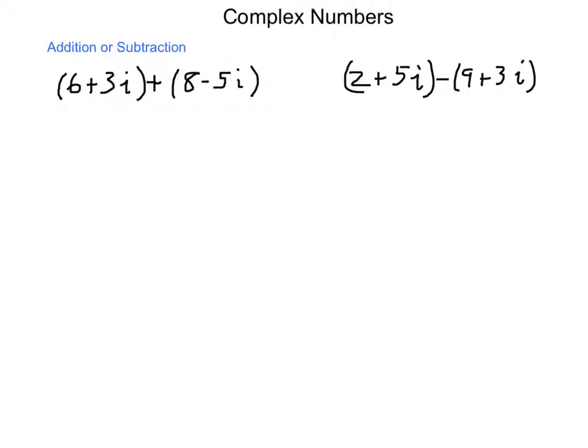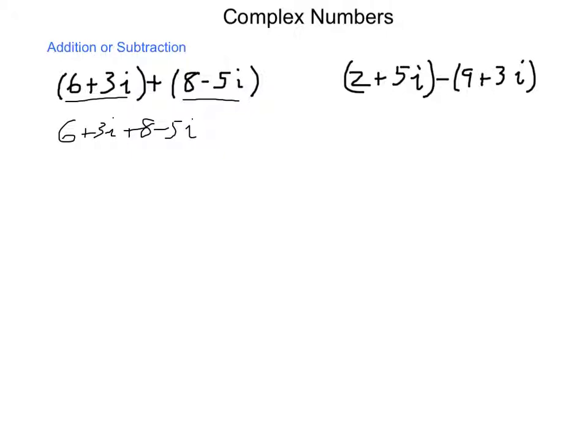First mathematical operations we would have are addition and subtraction. With addition or subtraction, it is a matter of distributive property and combining like terms. So here I have the complex number 6 plus 3i, and I'm adding 8 minus 5i. Since I'm adding, the parentheses really do not hold a lot of value, so I'm going to drop them. We have 6 plus 3i plus 8 minus 5i.